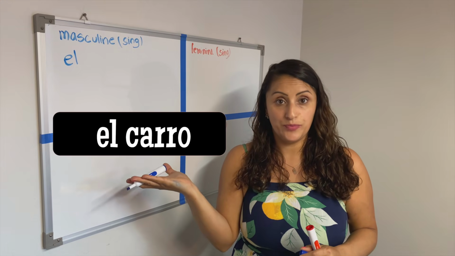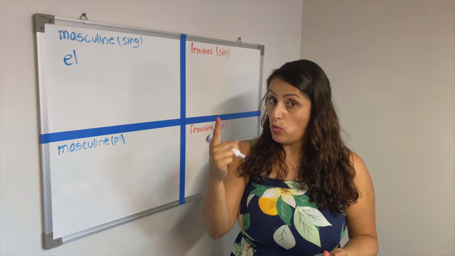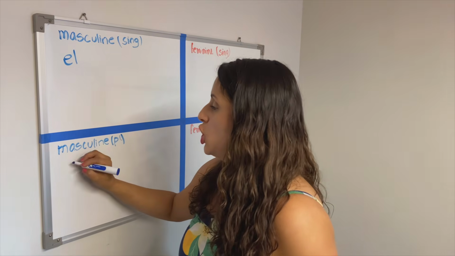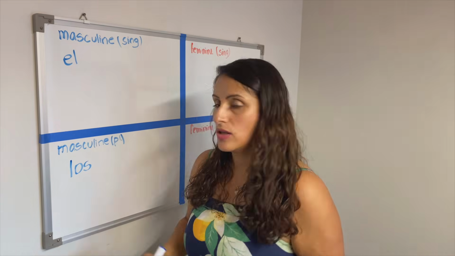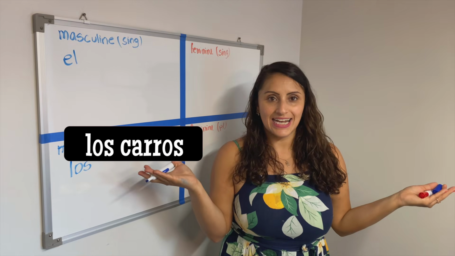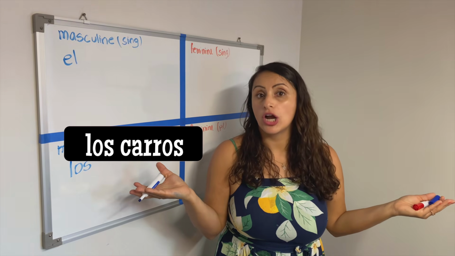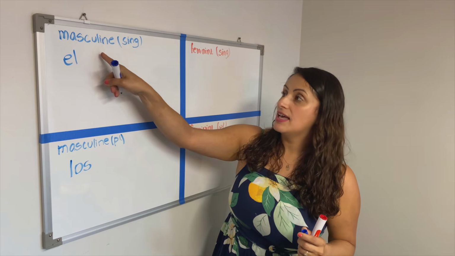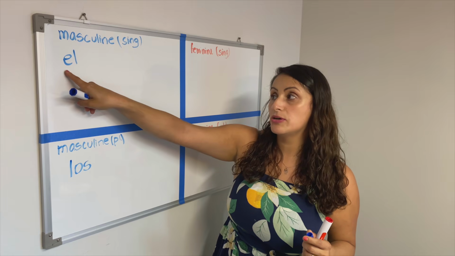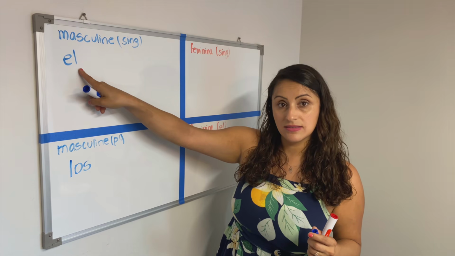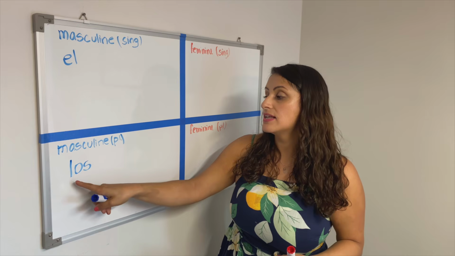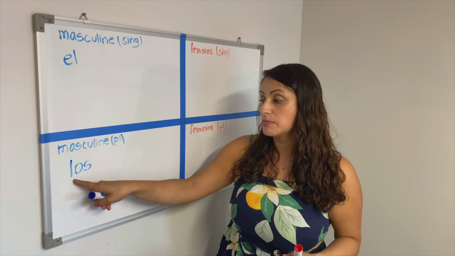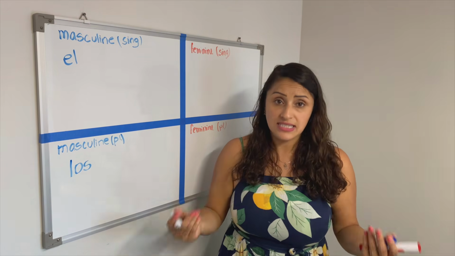El carro. If we have more than one car, we would say los. Los carros. Multiple cars. The cars. Okay? So that's the main thing. If it's a masculine noun, you're going to put el in front of it to say the. If it's a masculine plural, you're going to put los in front of it, and it still means the.